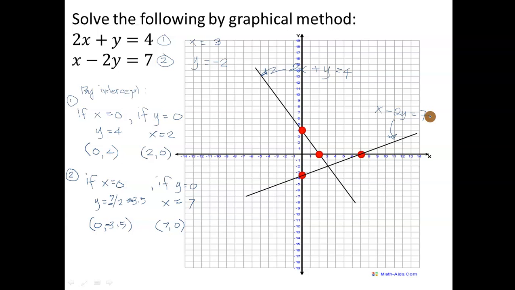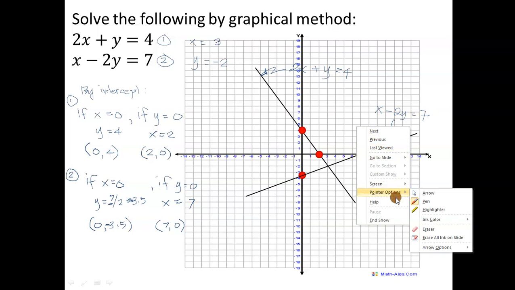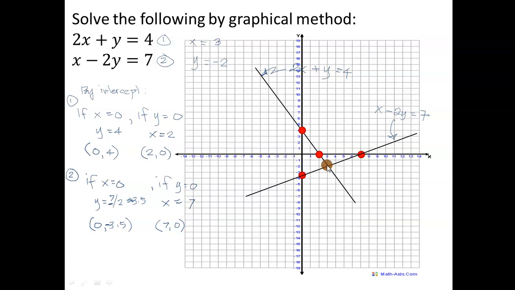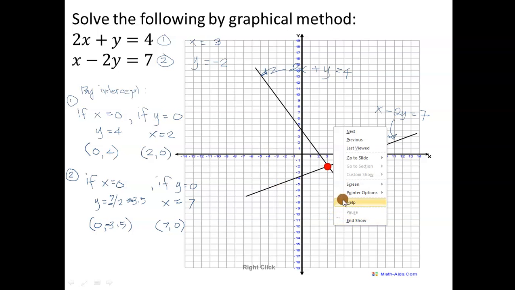Now, as you can see, there is an intersection between the two lines. Ito yon, ano? You have that intersection. If we remove these points here, and then place a point there to indicate the intersection of the two lines, yun na yung hinahanap natin na solution for this particular problem.